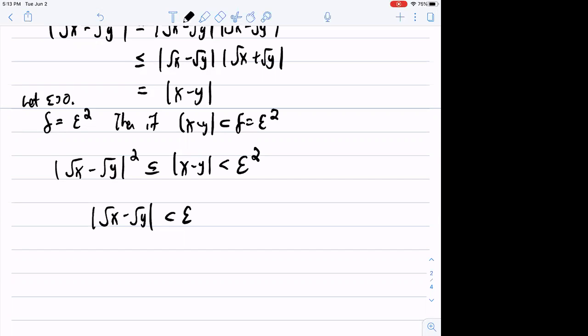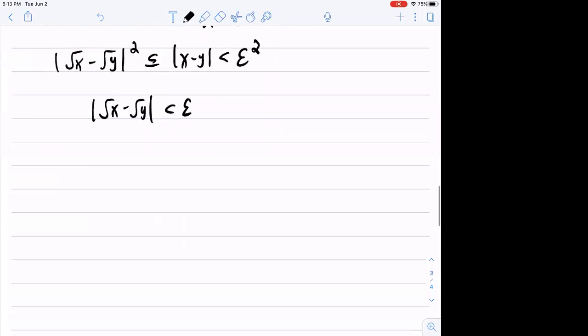Okay, so let's move on. So why do we study uniform continuity? It's because it's nicer than continuous functions.